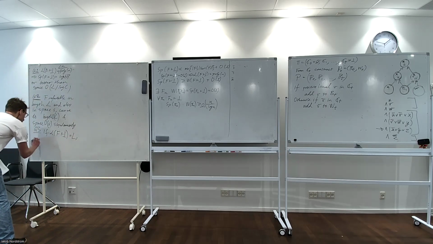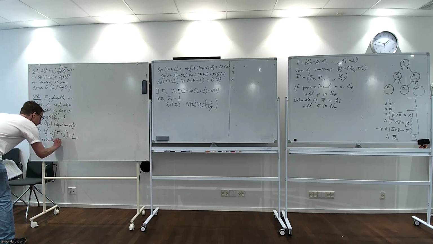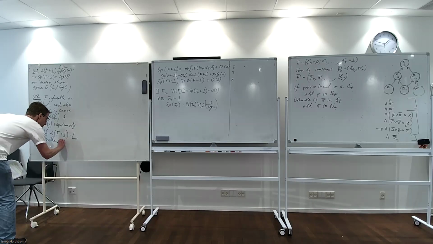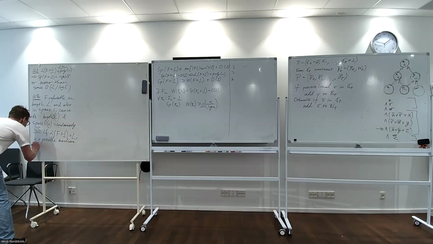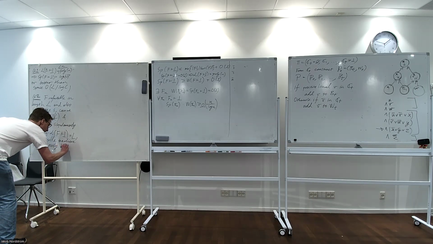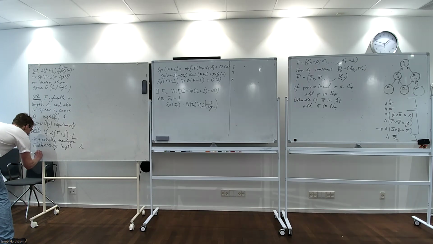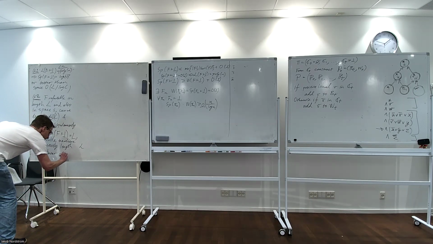Is it possible to achieve simultaneously length L and linear closed space? Worst case.